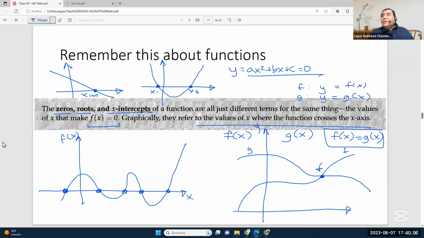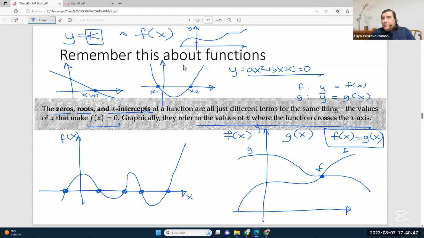Another common situation is where they ask you, find the intersections of a curve f and a horizontal line which has an equation y equals k. If they tell you, what are the solutions of f of x and y equal k, they are simply telling you to find all the points where this curve crosses a horizontal line that has as a y-intercept the value of k.